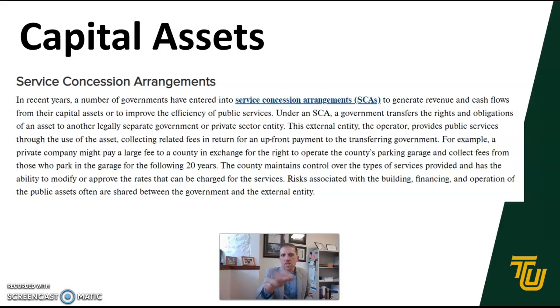In the example in the textbook, a private company might pay a large fee to a county in exchange for the right to operate a parking garage. If you think about a parking garage, it's built, it's established.